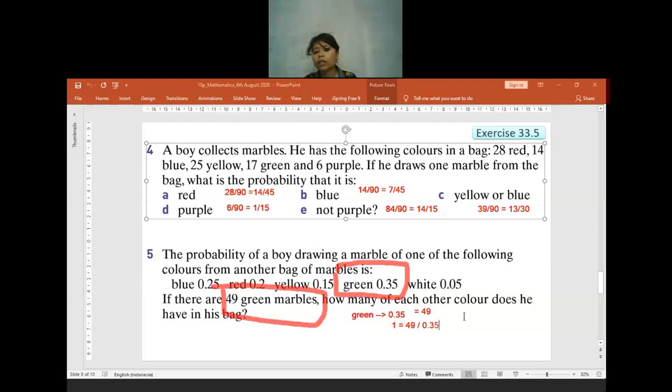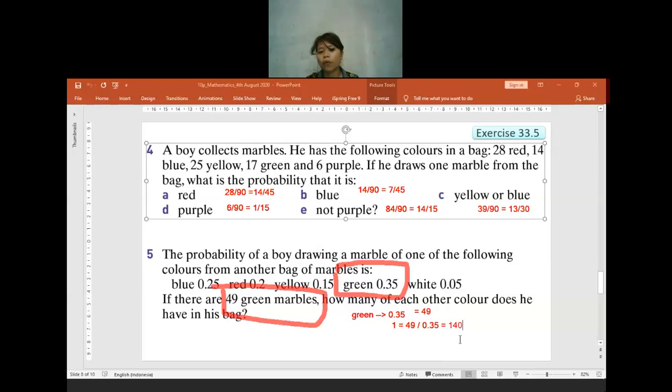That's why the 49, I need to divide by 0.35 also. How many will it be? 49 divided by 0.35. Is it 140, or is there anyone who got a different answer? 140. Okay, 140.